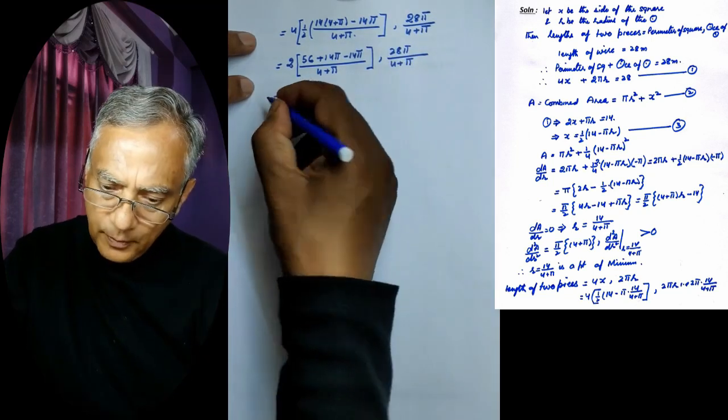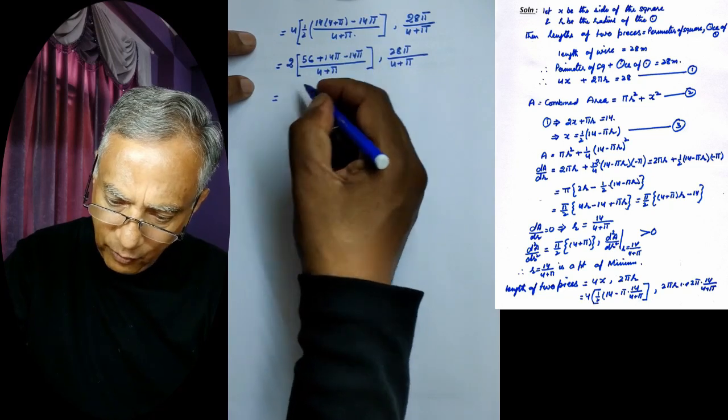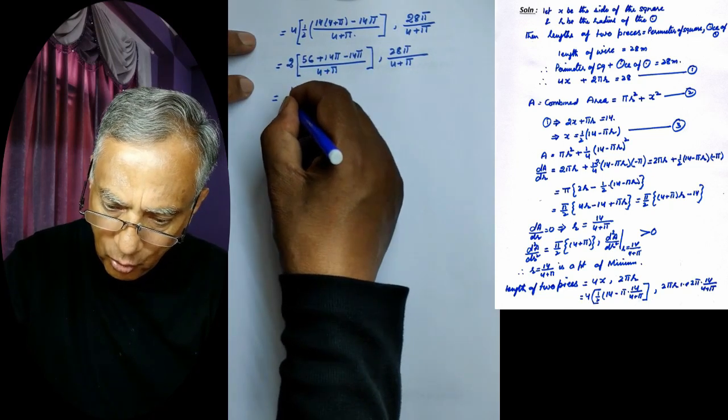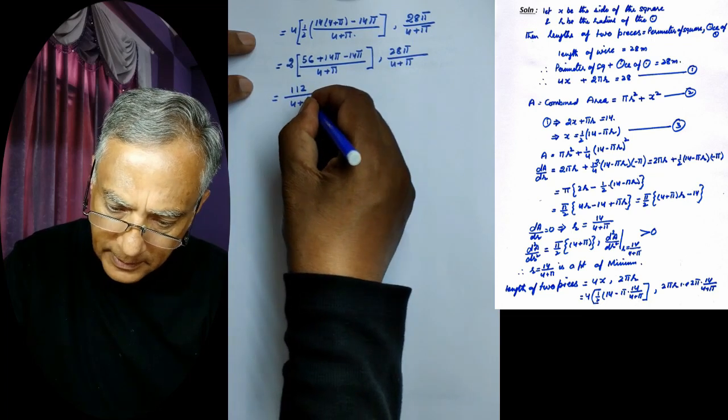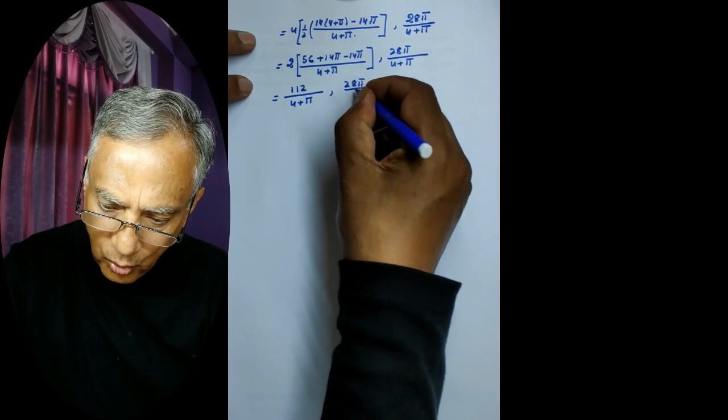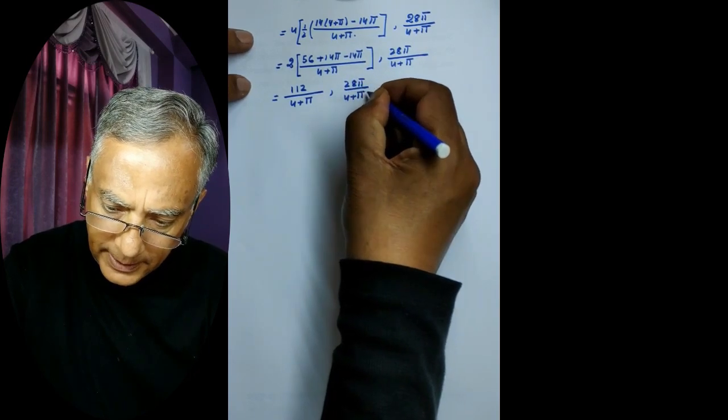This is equal to, these two cancel, we get 112 over 4 plus pi and 28 pi over 4 plus pi.